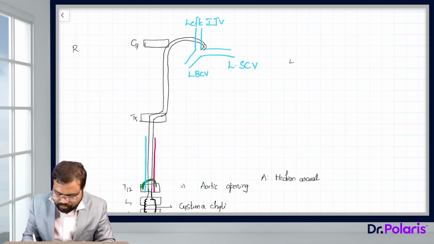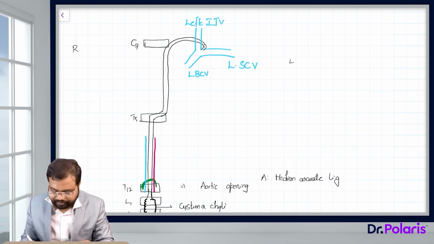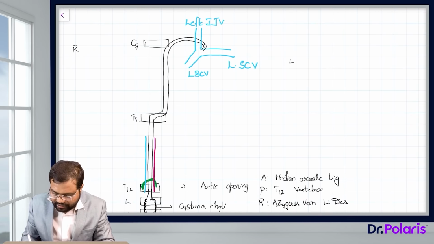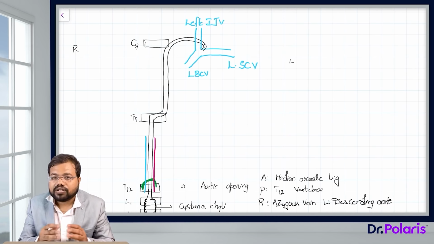Please don't confuse medial and median. It is median, N. Posteriorly, we have the T12 vertebra. On the right side, we have the azygous vein. And on the left side, we have the descending aorta.